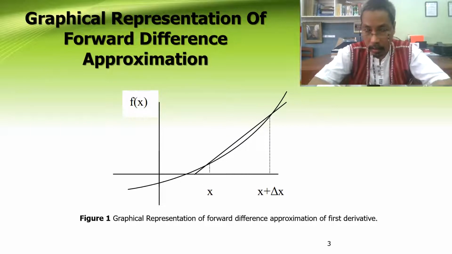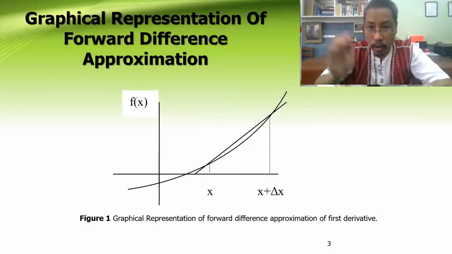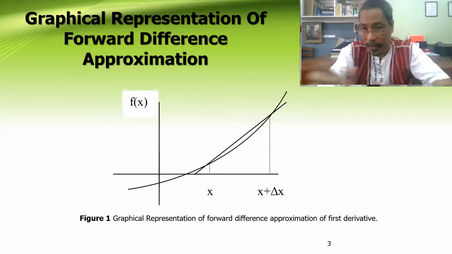From this diagram, you will notice that this is really a forward difference because x is the important point at which we would like to know the slope, and we add another, forward-looking point, that is x + Δx. Forward means the x value increased by a small amount.